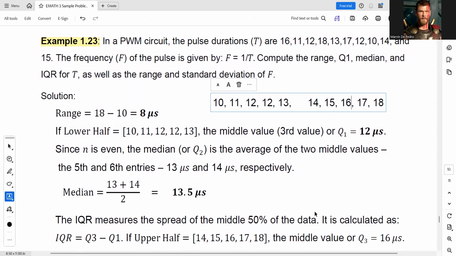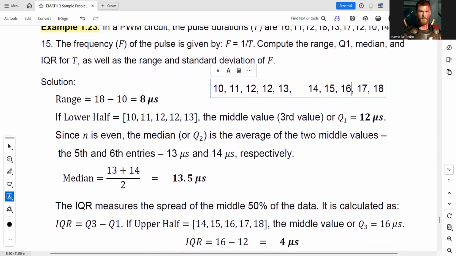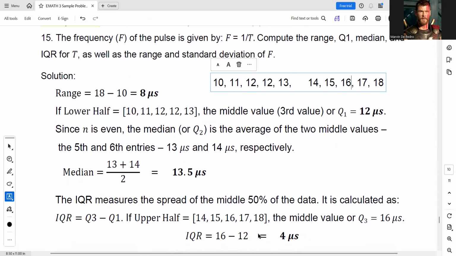So that's why we solve for the Q3 and the Q1. We have 16 and 12. We just take the difference between 16 and 12. We have 4 microseconds. Meaning 50% of the values have this level of spread, right?